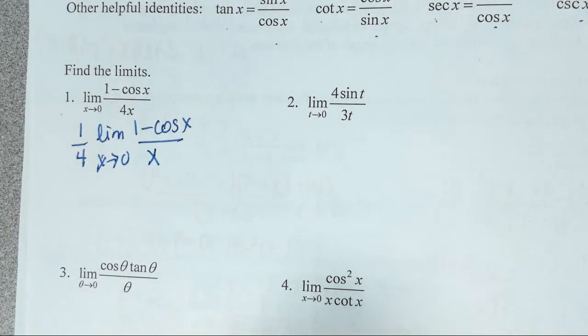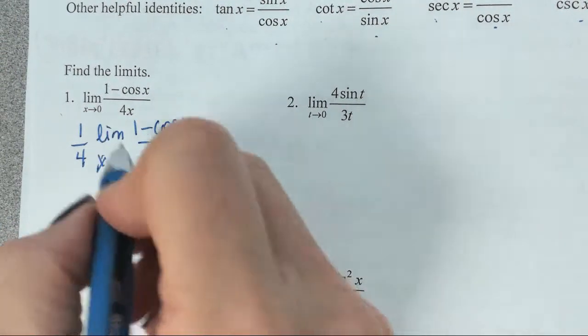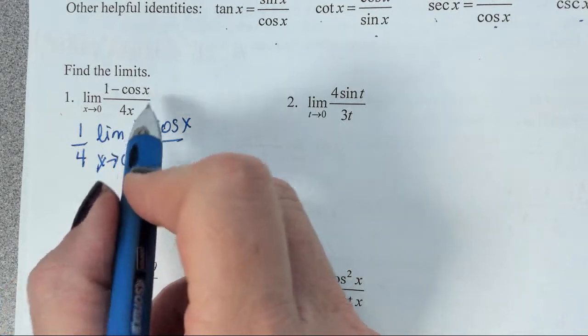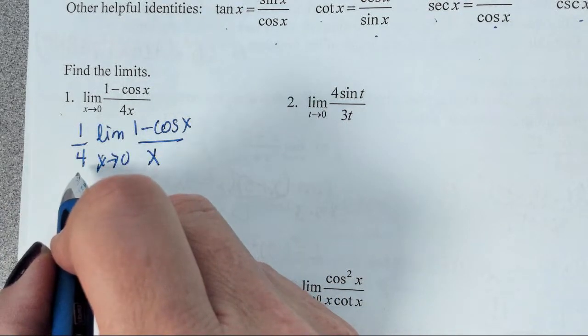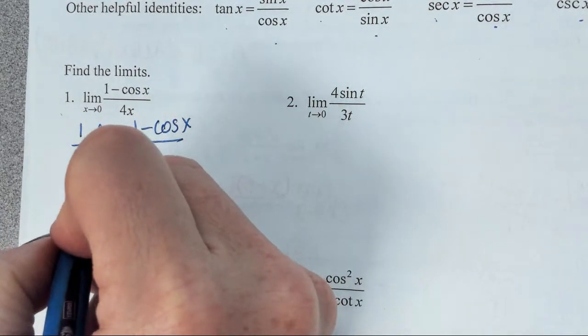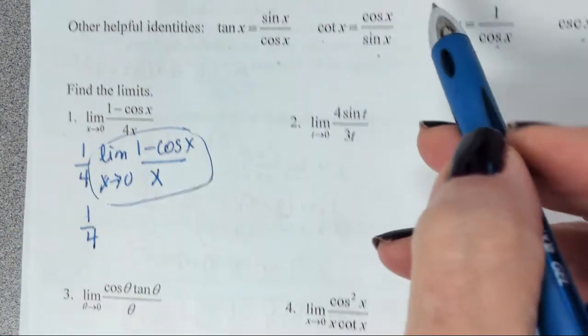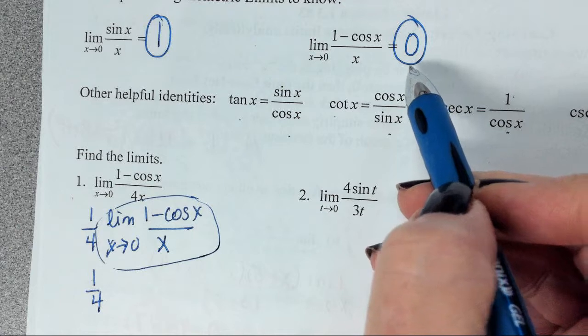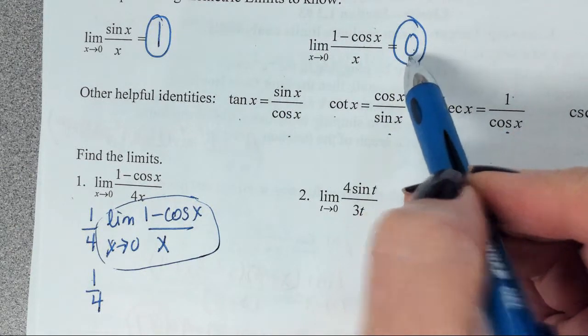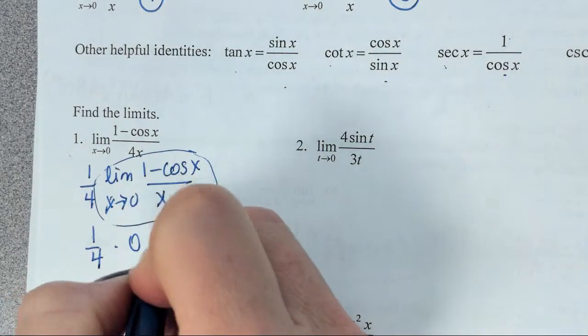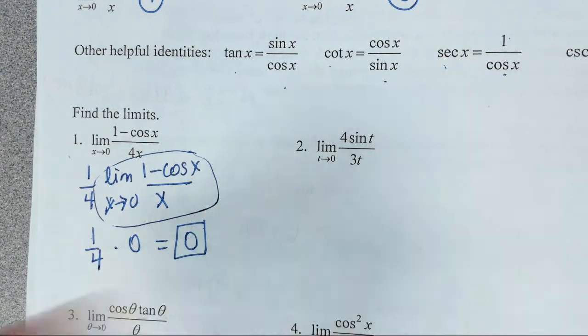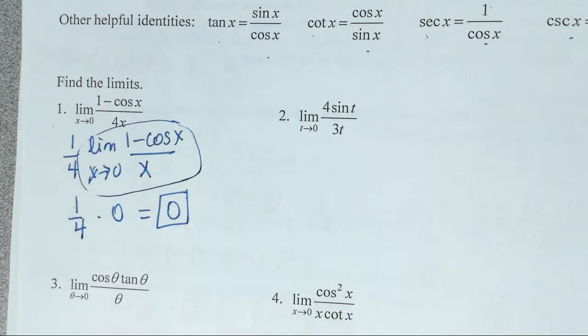And that's what I get. Those properties we talked about earlier tell us we're allowed to factor out constants. So now we're going to have 1/4, and then what did we say this limit was back up here? What's the answer to that limit? 0, right? So it's 1/4 times 0. So that answer also would have to be 0.